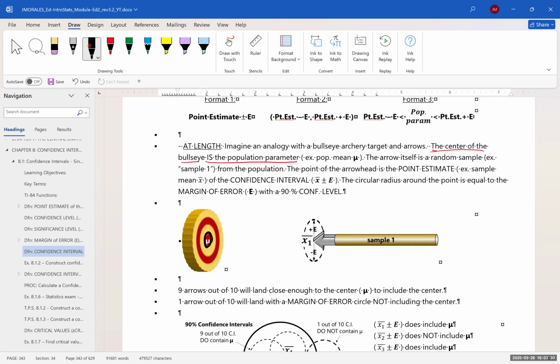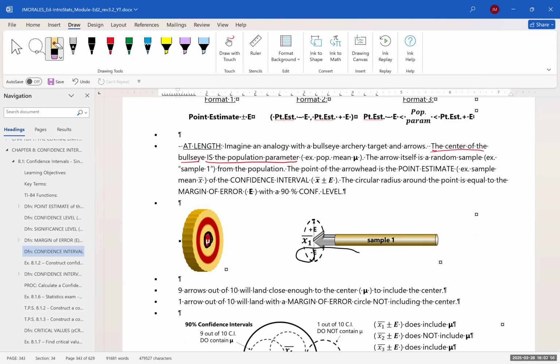That's the center of the target. The arrow itself is a random sample from the population. So you take a sample from the population. The point of the arrowhead is the point estimate. So from this sample, you calculate a sample mean.